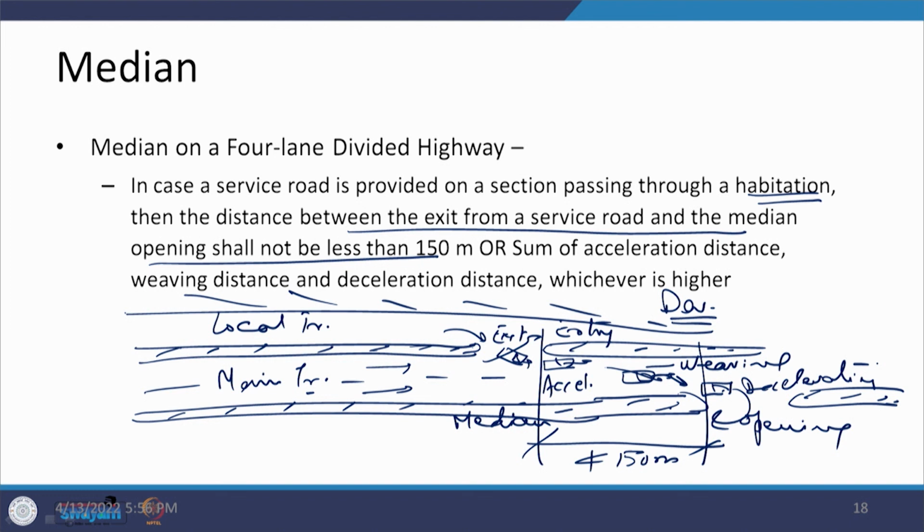So, three actions are going on in this case: acceleration, weaving and deceleration, and whatever distance is required to do that is another criterion which needs to be looked at, and whichever is higher has to be provided as the distance between these two things. So, this is another important aspect related to it.